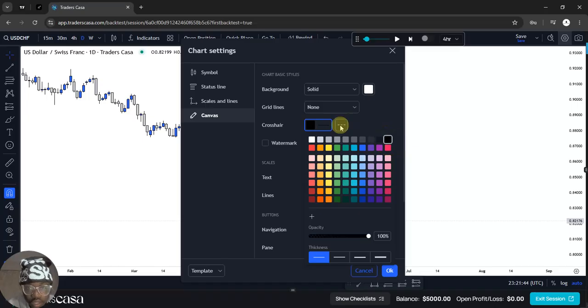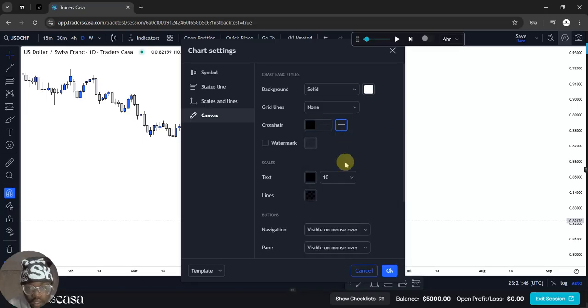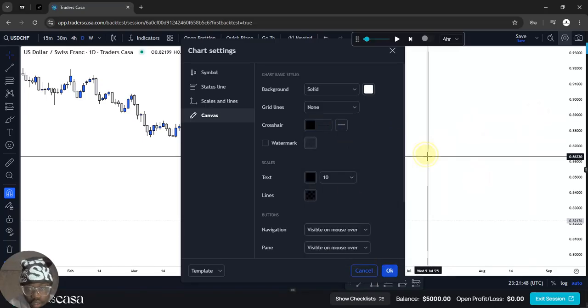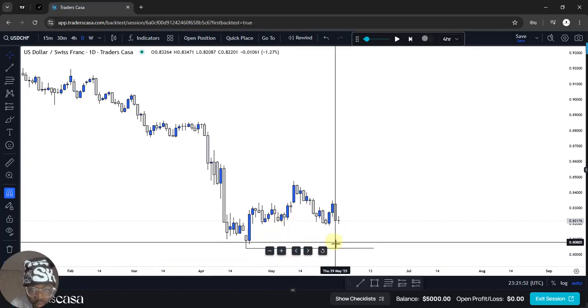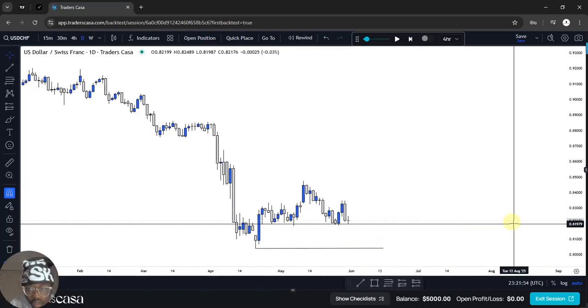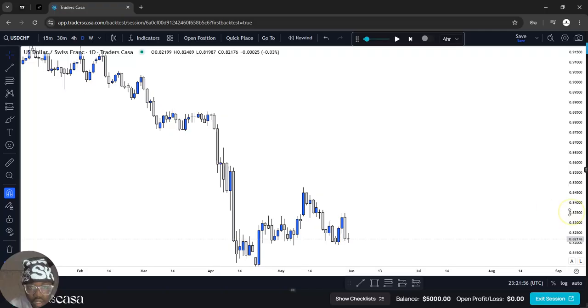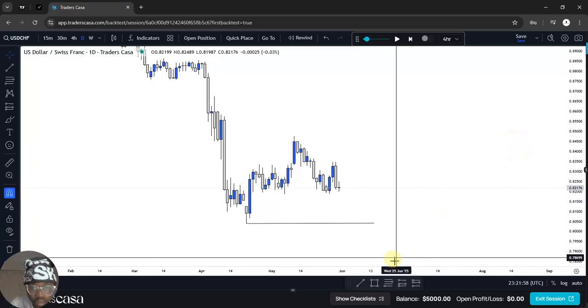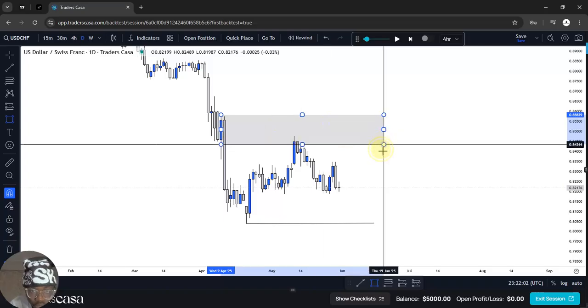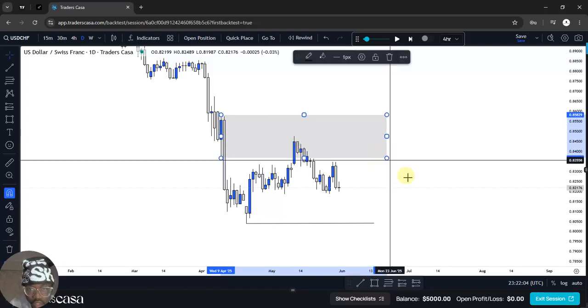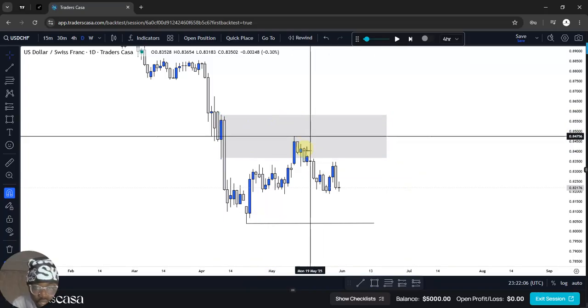Change this to a black line, and this is what we have. We're looking to come to these liquidity levels below here, and currently we're in that range, and we've just tested this high time frame order block.